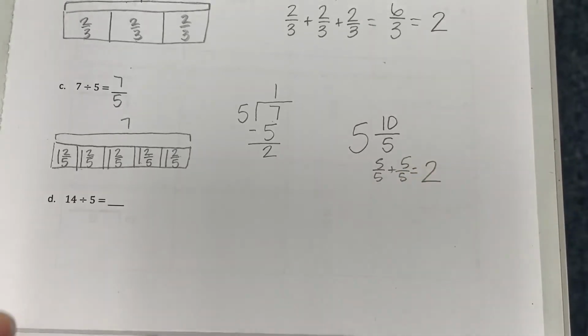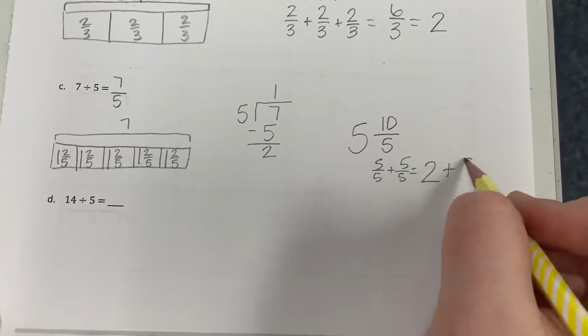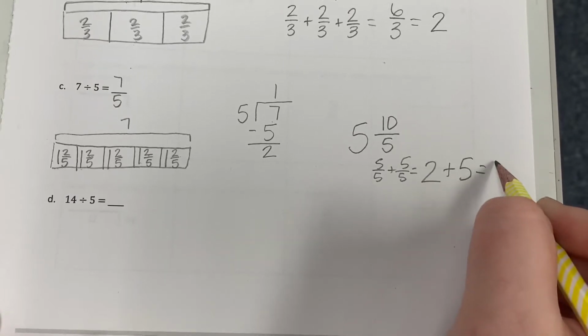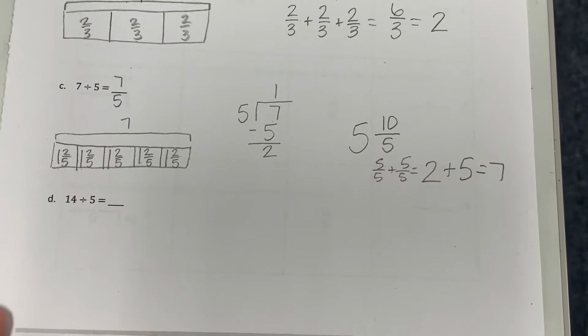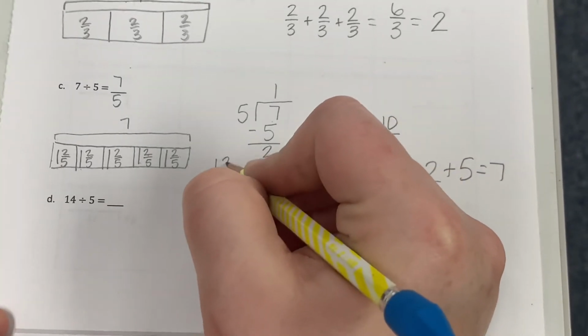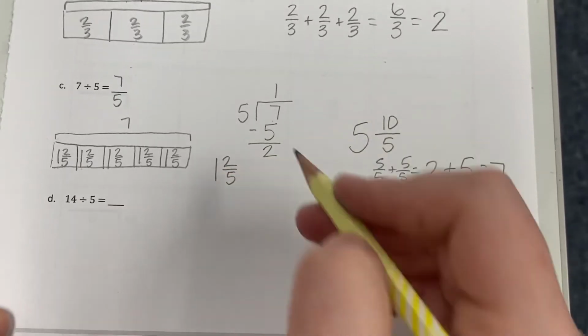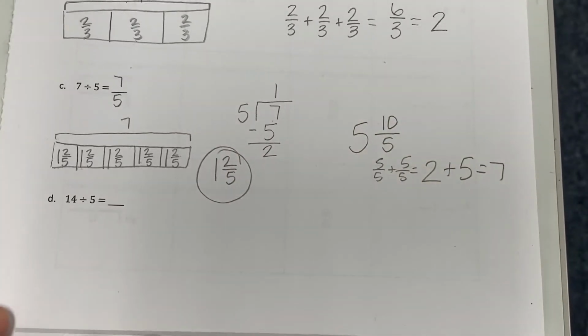Which equals 2. So 2 plus 5 is 7. Were we correct? So our answer is 1 and what? 2 fifths. 1 and 2 fifths.